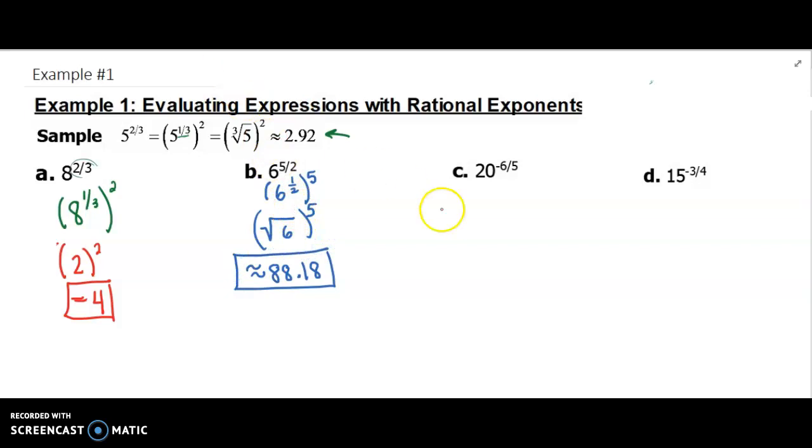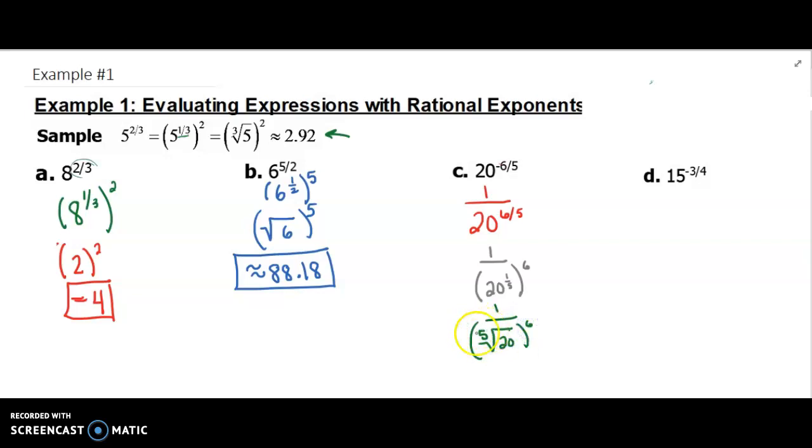Okay, now on C, let's look at this. Notice our negative exponent, so I'm going to write this as 1 over 20 to the positive 6/5. So I could write that as 1 over 20 to the 1/5 to the 6th, or I can rewrite that further as 1 over the 5th root of 20 to the 6th.